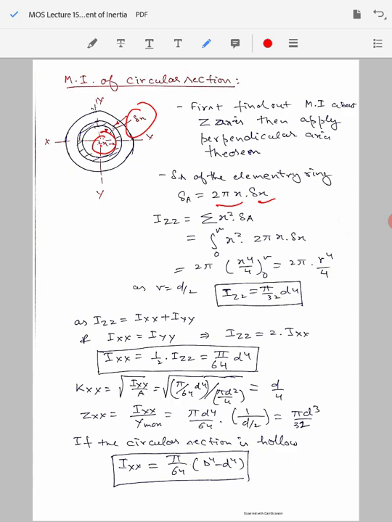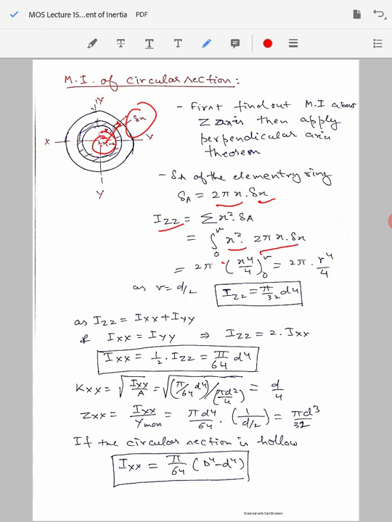Now if we calculate Izz, we need to find the summation of x square delta a, or basically the integral of x square delta a. You have x square, which is the distance of this strip from the z axis, multiplied by delta a, which is 2 pi x delta x. The integral has the limit from 0 to r, going from the origin to the maximum distance r, the radius of this circular section.